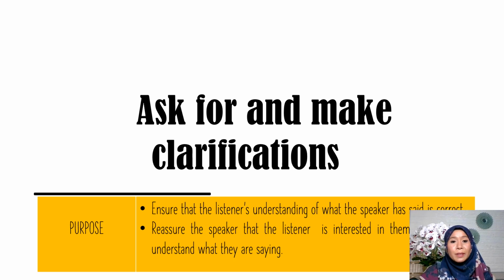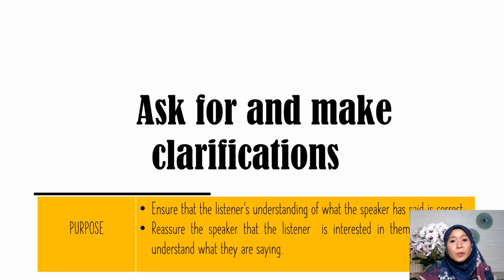The next subtopic is ask for and make clarification. In communication, clarification involves offering back to the speaker the essential meaning as understood by the listener of what they have just said, thereby checking that the listener's understanding is correct and resolving any areas of confusion or misunderstanding.